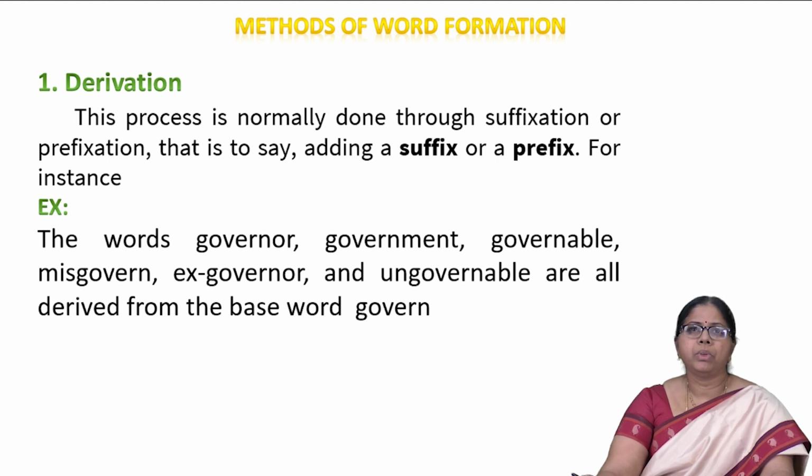One more example is plant. We can derive many words like planting, planted, implants. All these are words which we have derived from the base word plant. This process is called derivation, where we follow the process of affixation, fixing a syllable in front of the base word or at the back of the base word.